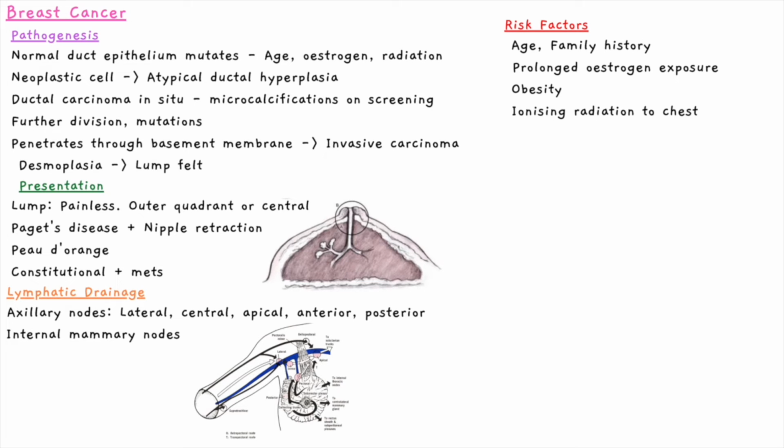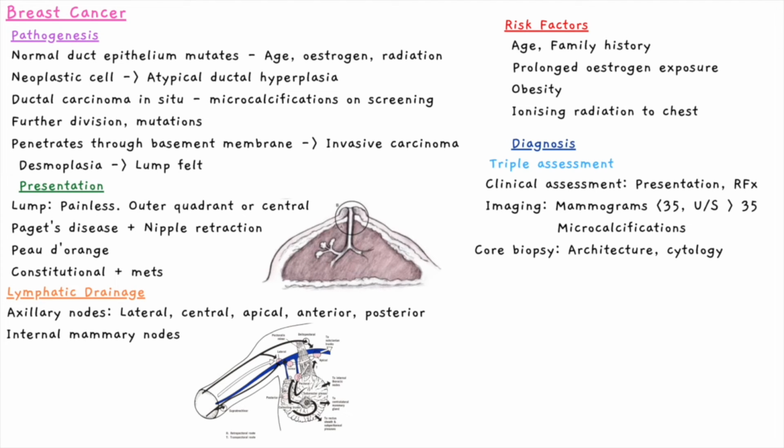Prolonged estrogen exposure, because estrogen can cause the cell to mutate, and this could be in the case of early menarche or late menopause, or if the patient is on hormone replacement therapy, where they're essentially getting exogenous estrogen. Obesity and type 2 diabetes are also a factor, because it affects the way estrogen is metabolized, as well as ionizing radiation to the chest for whatever reason.